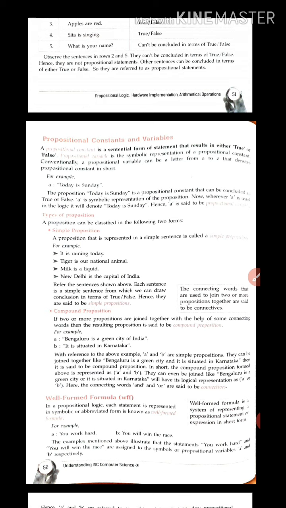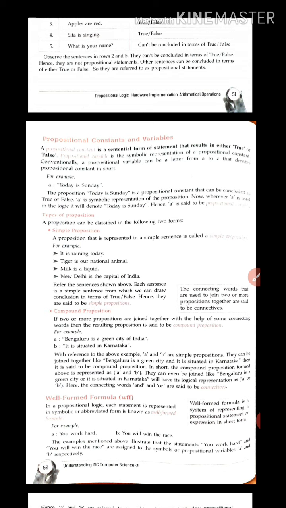See the first line. A propositional constant is a sentential form of a statement that results in true or false. The propositional variable is a symbol that represents a propositional constant. A propositional variable can be a letter from A to Z that denotes a propositional constant.